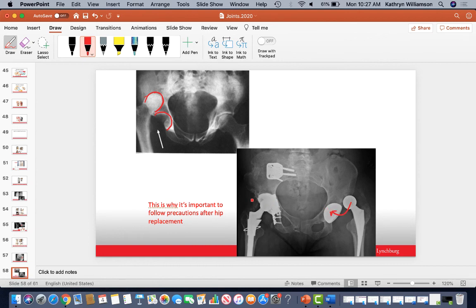But after patients have hip replacements, we have what we call hip precautions. So there's certain movements that those patients shouldn't do for the first few months after surgery, and it's important to go by those, because if you don't, this type of thing can happen. They have to go back in and have surgery again to fix that.